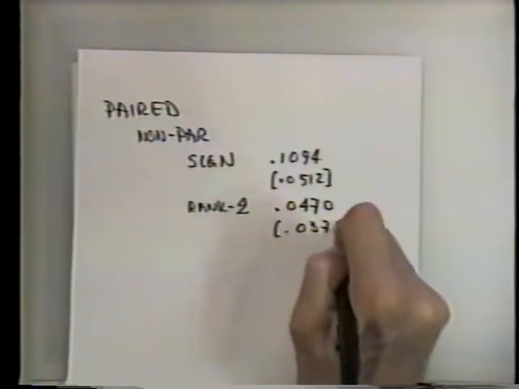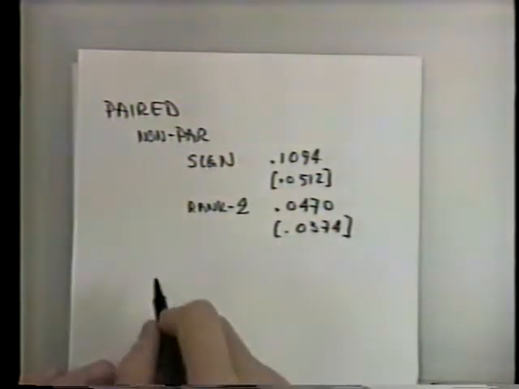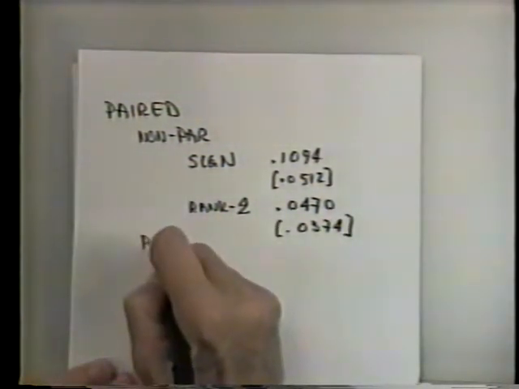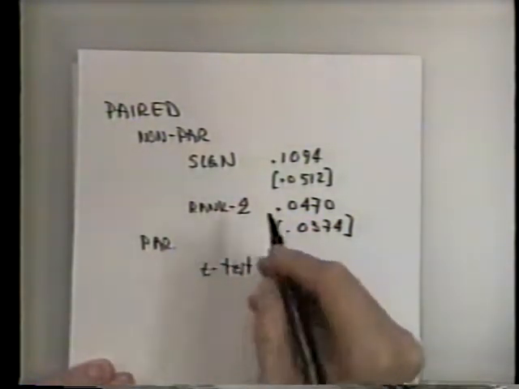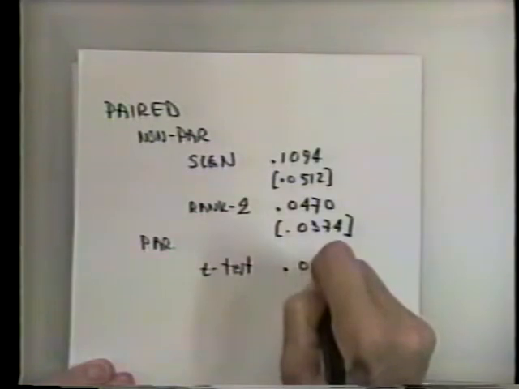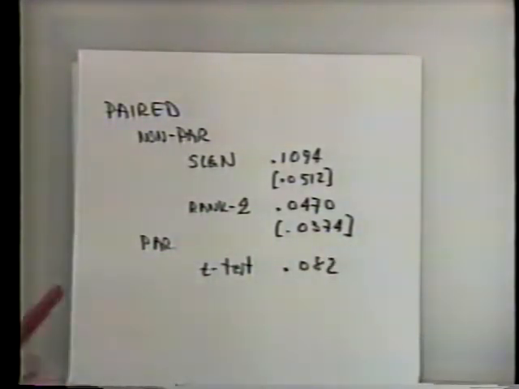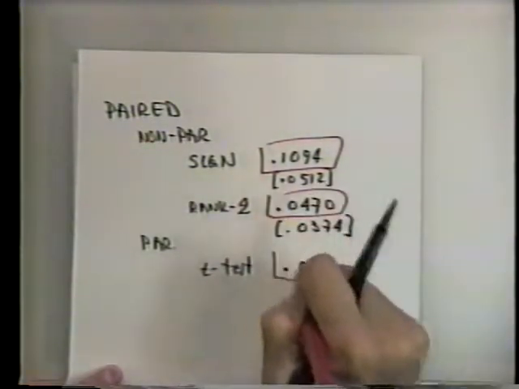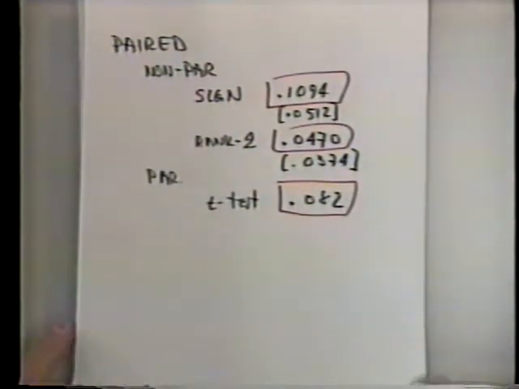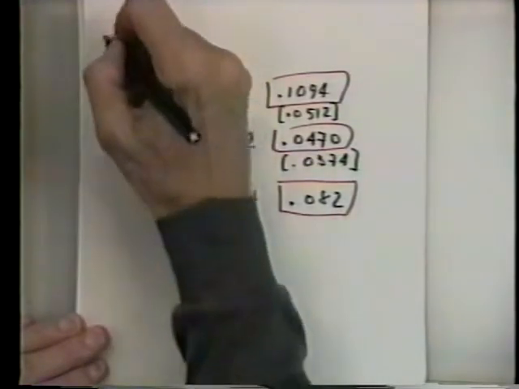This was the lowest one. And then we had, still in these pairs, parametric tests, and we had the t-test. And that was 0.082. So let me try to highlight what I think are the real values. Okay. And then we had these unpaired tests. So this was paired.